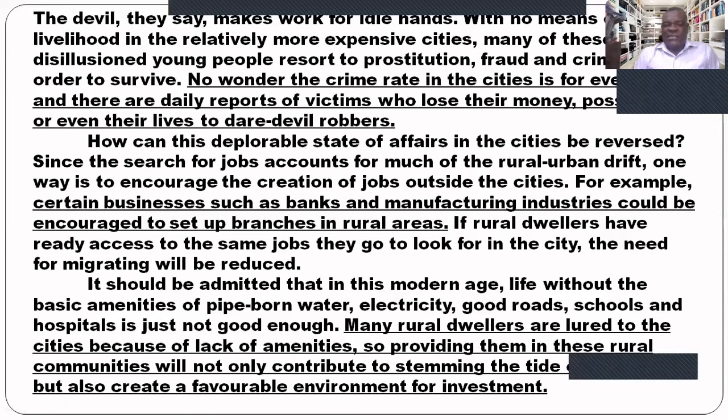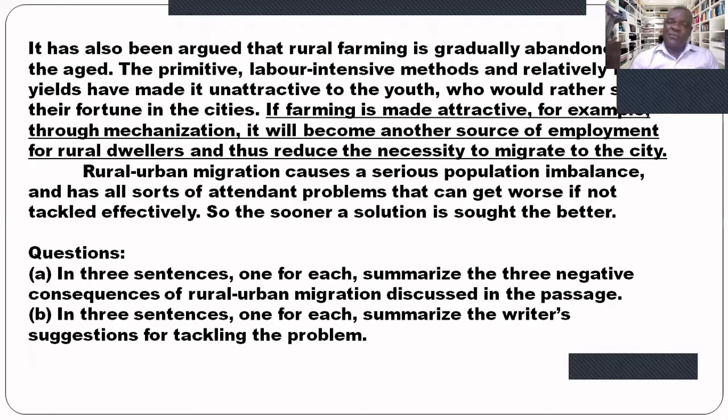The second suggestion is simply to provide amenities in the rural areas. You can change it to your own words. Amenities should be provided in the rural areas. Simple. That's just the idea. Then that should be for II.